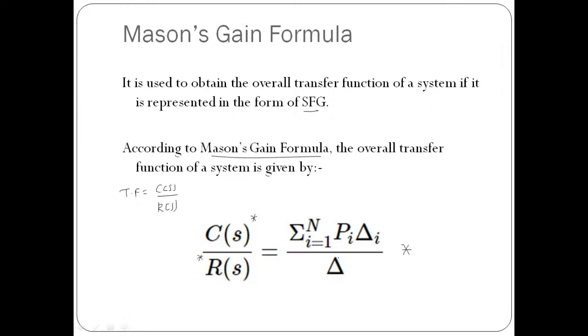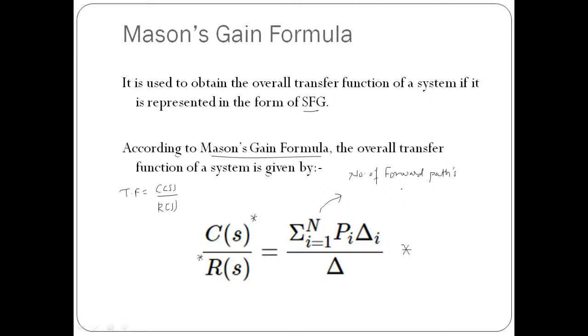Now in this equation, this capital N indicates the number of forward paths available in the signal flow graph. In the previous lecture, we discussed what exactly the concept of forward path is.